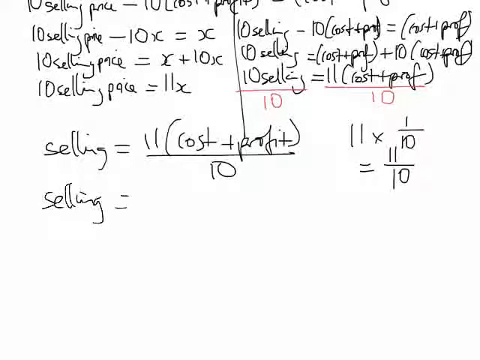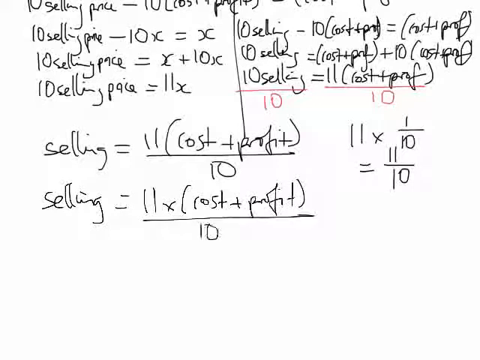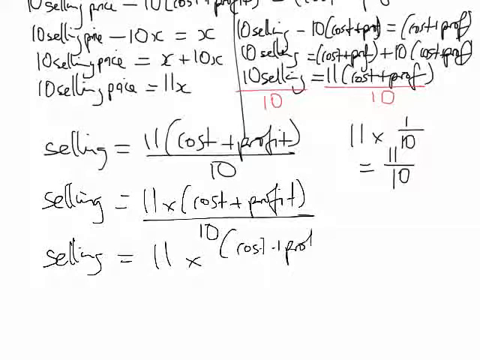We can expand it to mean 11 times cost plus profit over 10, which is the same as saying 11 times by cost plus profit over 10.